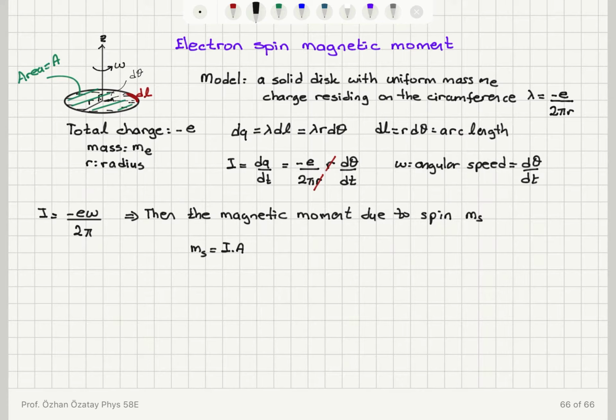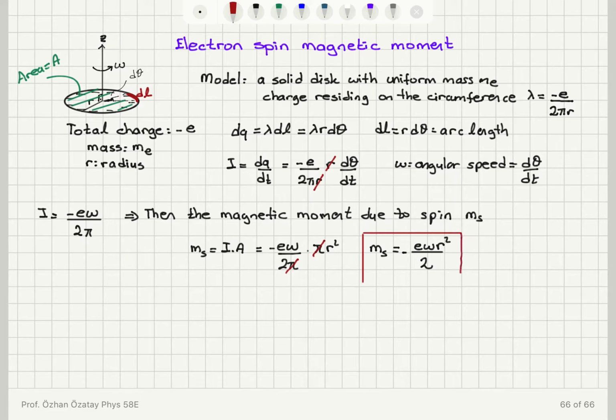So this will be equal to the current, minus e omega over 2 pi, multiplied by the area pi r squared. The pi's will cancel, and I will find that the magnetic moment due to spin is given by minus e omega r squared divided by 2.